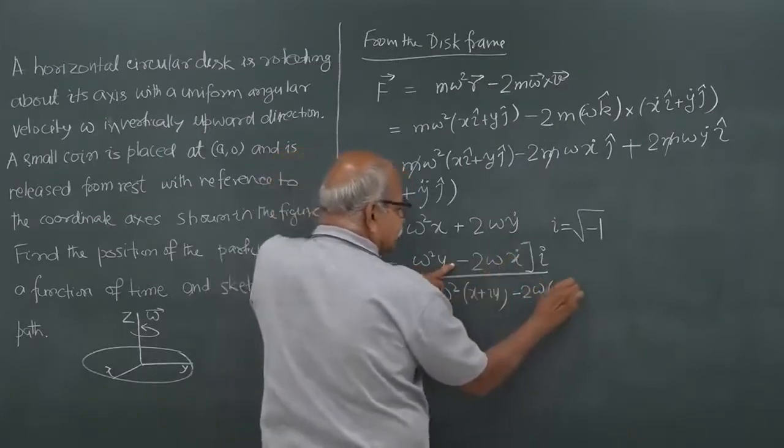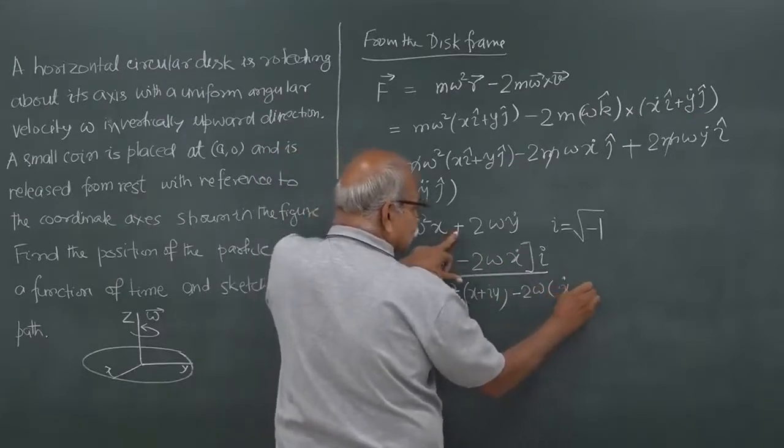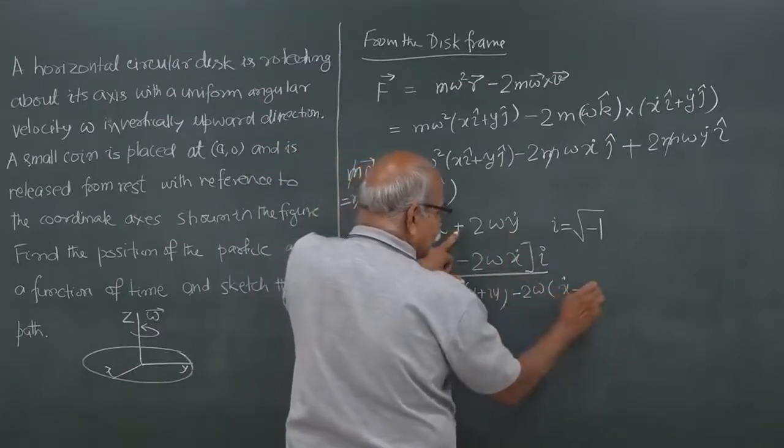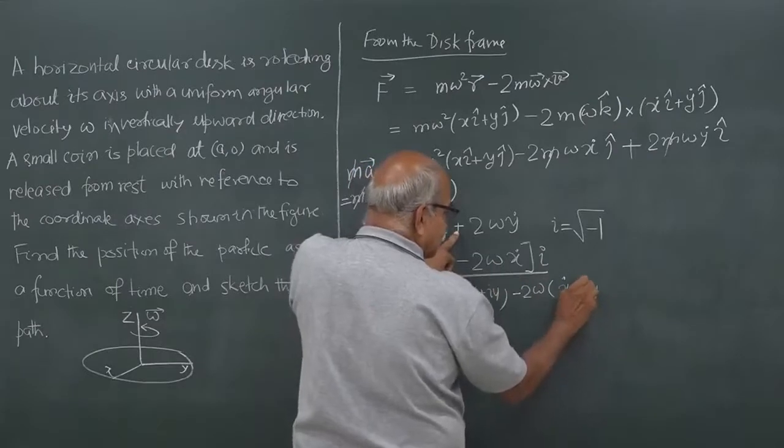So x dot here, and then minus omega is taken, so i times y dot here.